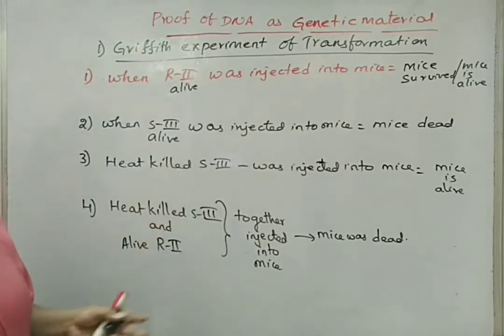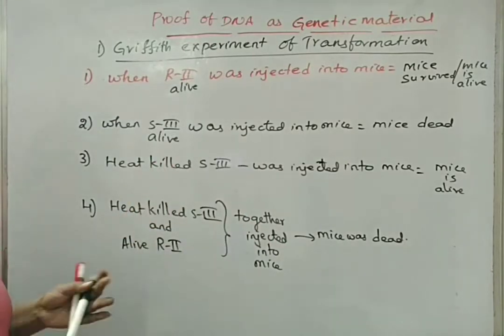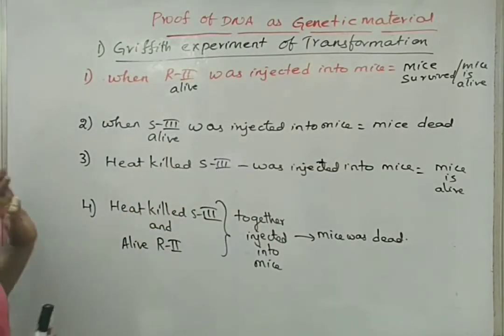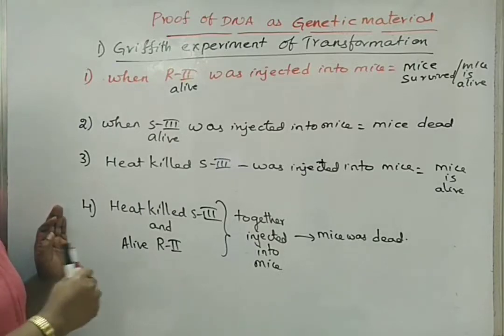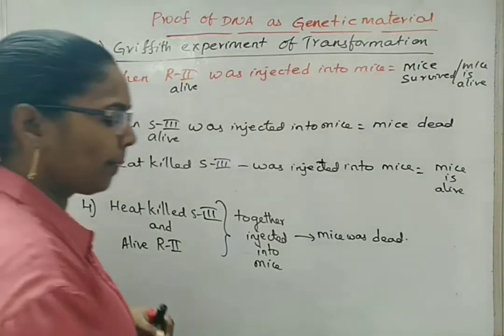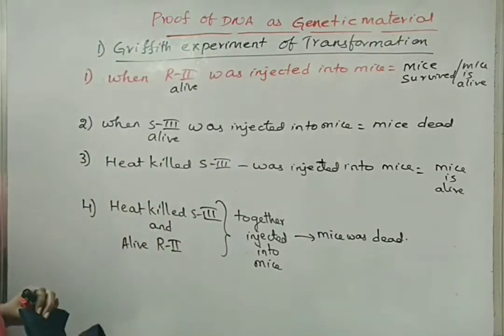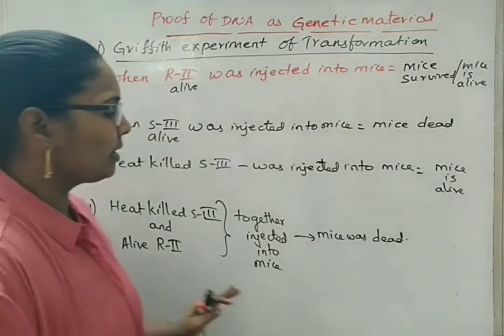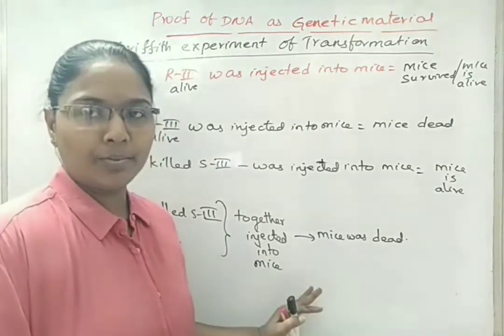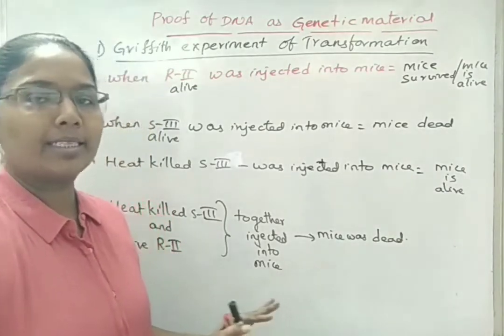But Griffith did these experiments, yet the biochemical nature of the transforming substance was not explained by Griffith. It means Griffith was unable to tell which biomolecule is responsible for the death of the mice.